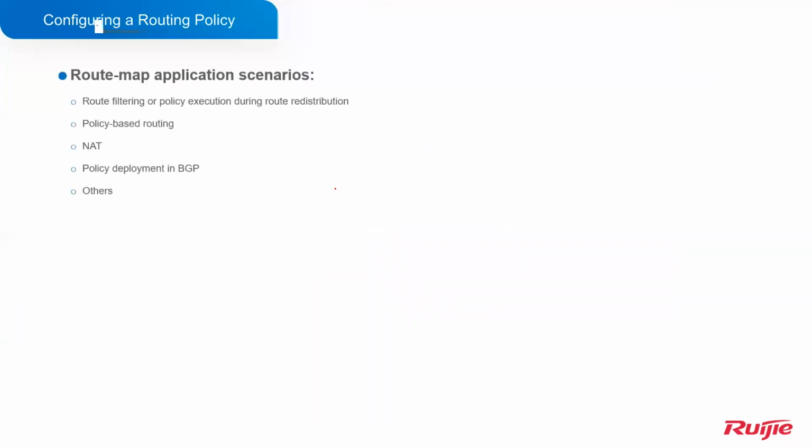Okay, so let's see the configuration here. The route map application scenarios include route filtering or policy execution during route redistribution, policy-based routing, or policy deployment in BGP or some other cases. It's used very commonly in the network.